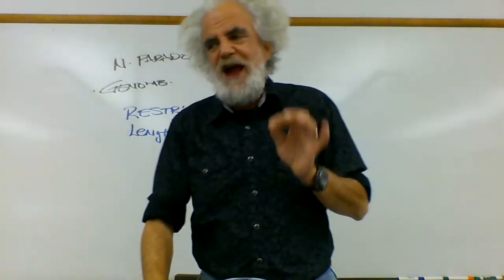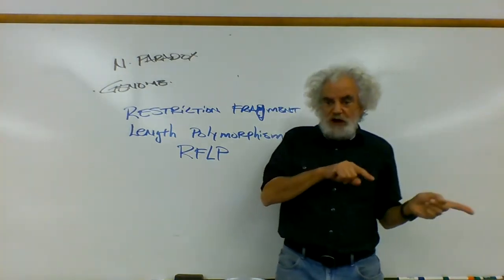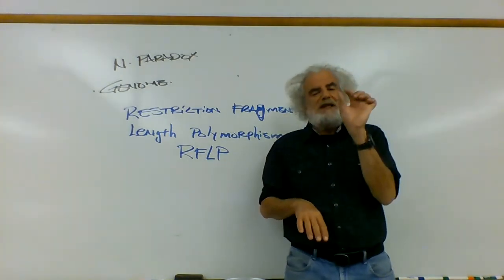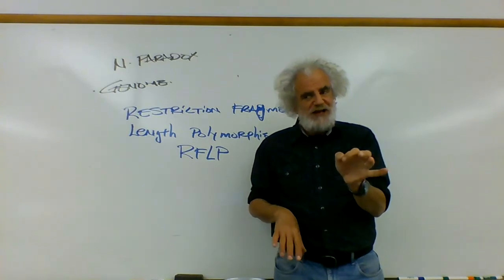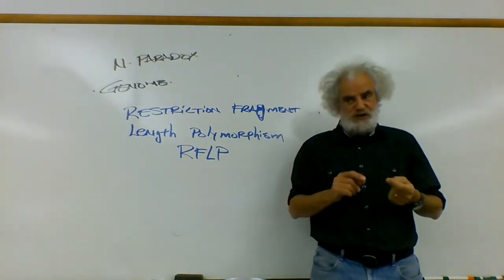And restriction fragment length polymorphisms are single nucleotide polymorphisms that happen to land in a restriction site. And so you can either generate a new restriction site or you can lose a restriction site.